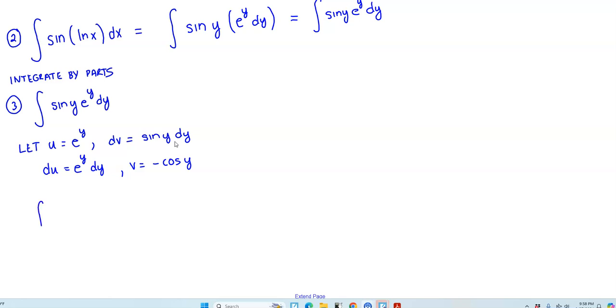So let's go ahead and then write our problem again. So we have the sine of y e to the y dy, and that's going to equal u times v minus the integral of v du.